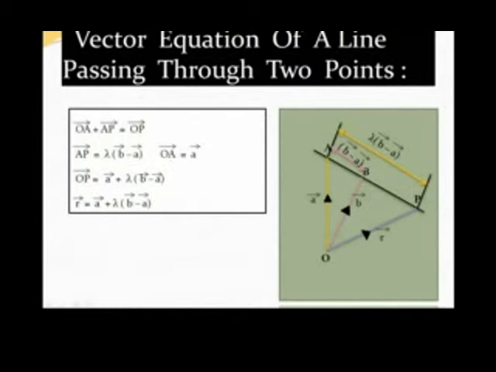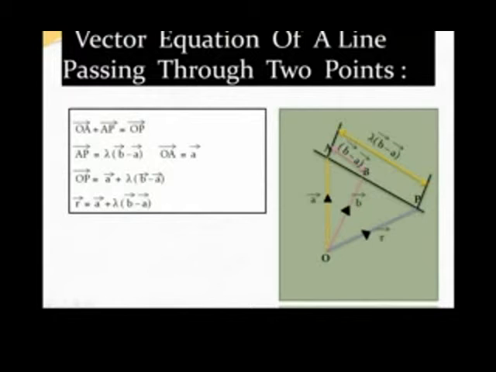Now let's take any point P on this line. So the position vector of this point P would be vector R. Now the vector AB would be vector B minus vector A. Also AP is the extended version of this line AB. Thus AP would be lambda times (vector B minus vector A). Thus first of all we can say that OA plus AP is equal to OP.